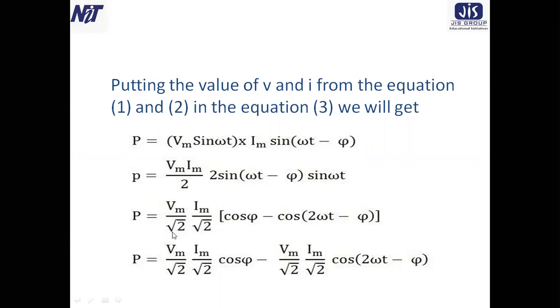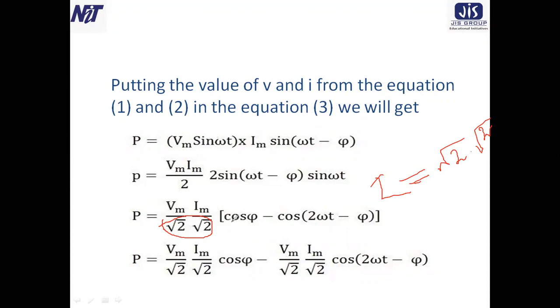So Vm Im by root 2. We can break 2 in this way: 2 equals root 2 into root 2. So this way we just break these two: Vm by root 2, Im by root 2. So 2 sin omega t minus phi sin omega t, we just take a 2 here.